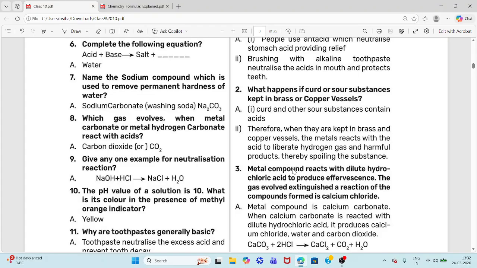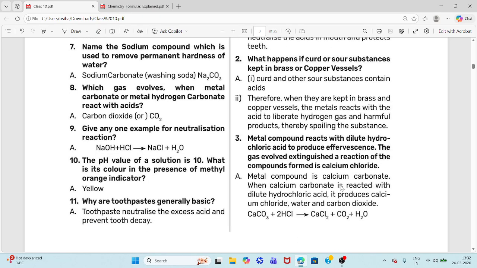Third question: a metal compound reacts with dilute hydrochloric acid to produce effervescence. The gas evolved extinguishes a burning candle. Write the reaction of the compound formed, calcium chloride. Sorry guys, I have pronounced it wrong. So leave it. Answer: if you see the answer, the metal compound is calcium carbonate.